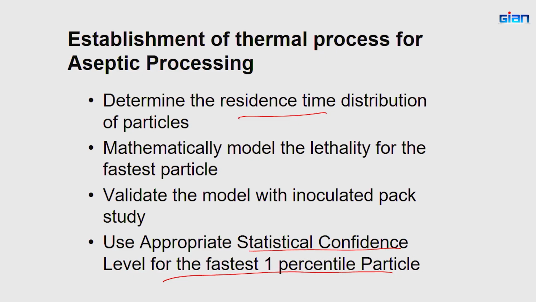What that means is, when you are doing processing, which particle is going to be appropriate for doing your microbial safety check. In your soup, you may have potato, carrot, or a number of different products. Each may have different heat transfer characteristics.